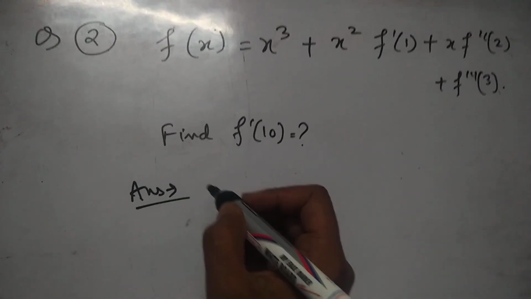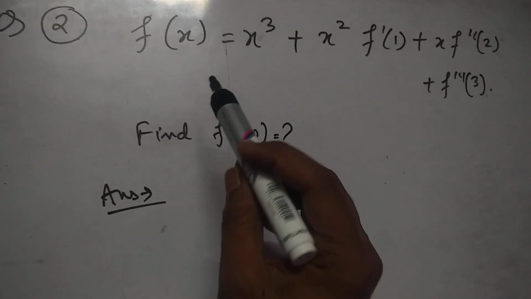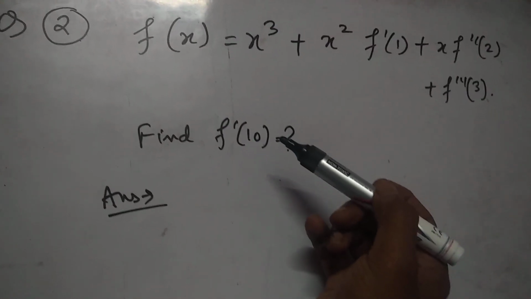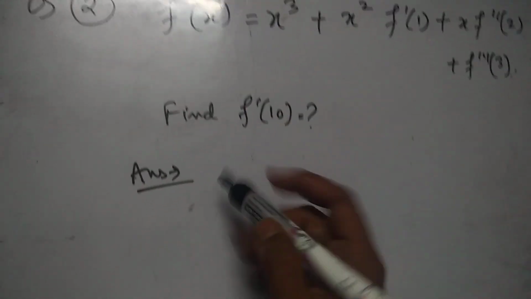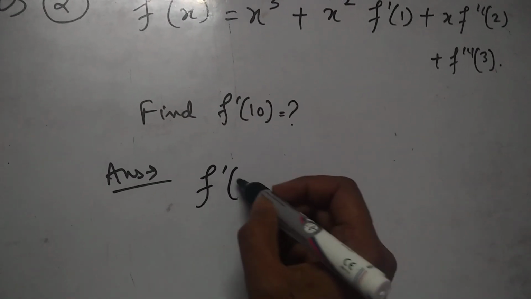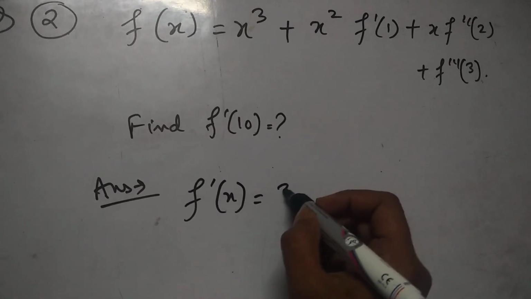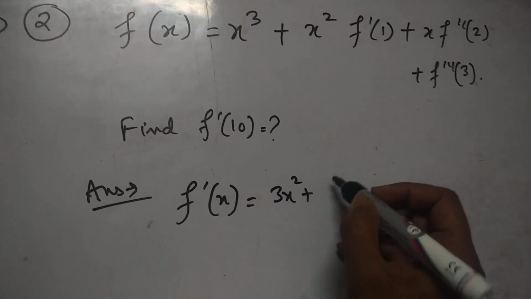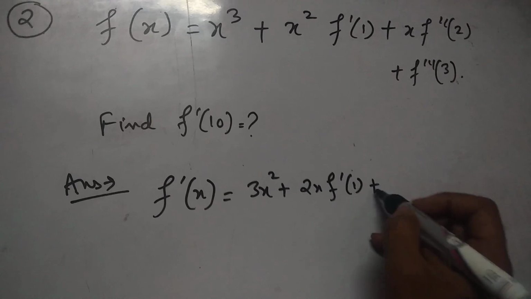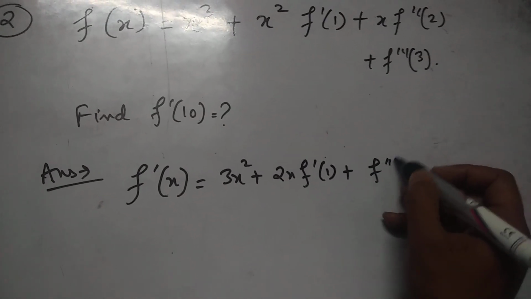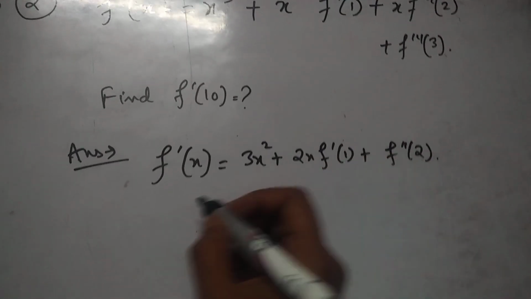So let's find it out. See, you need f'(x), meaning f'(10), right? So let's differentiate this function first of all. So f'(x) is nothing but 3x² plus 2x f'(1) plus f''(2), right?